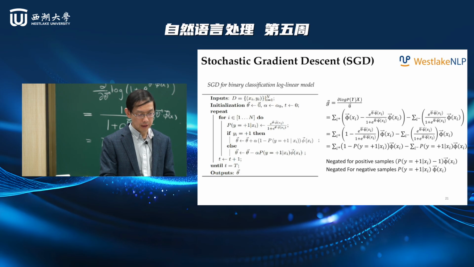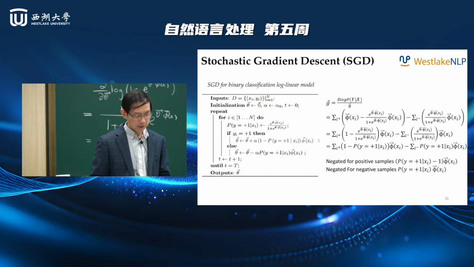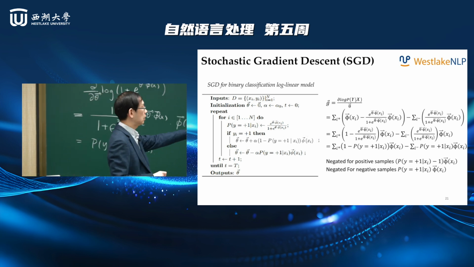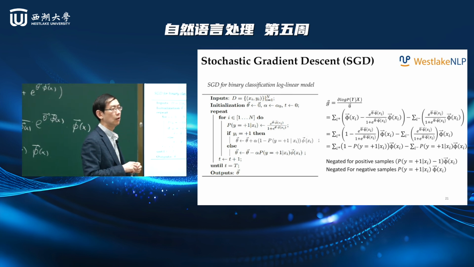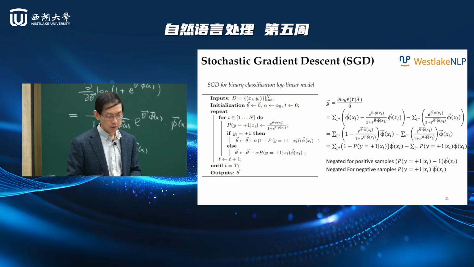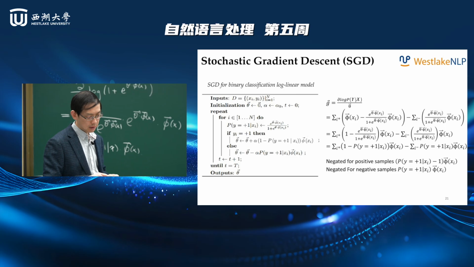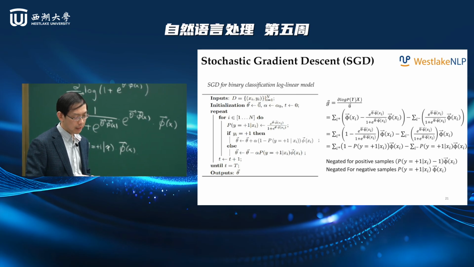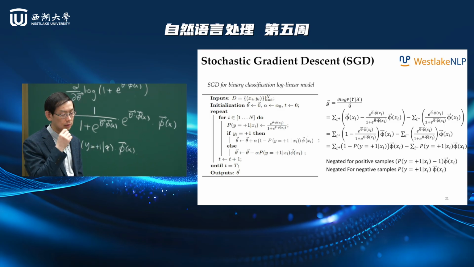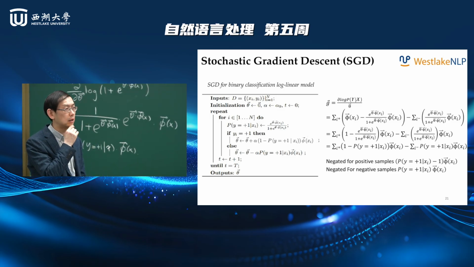So if we replace this gradient with the gradient for our log linear model, which is written on the right, I calculate that for every instance. For positive instances, the gradient is 1 minus P(y equals plus 1) times phi x.